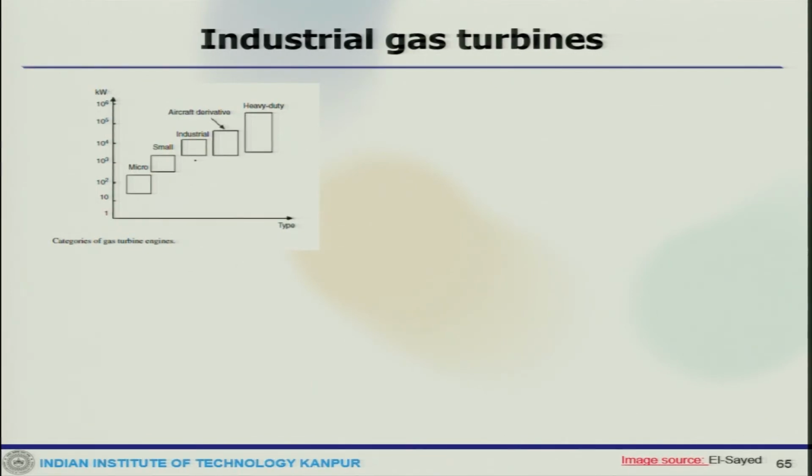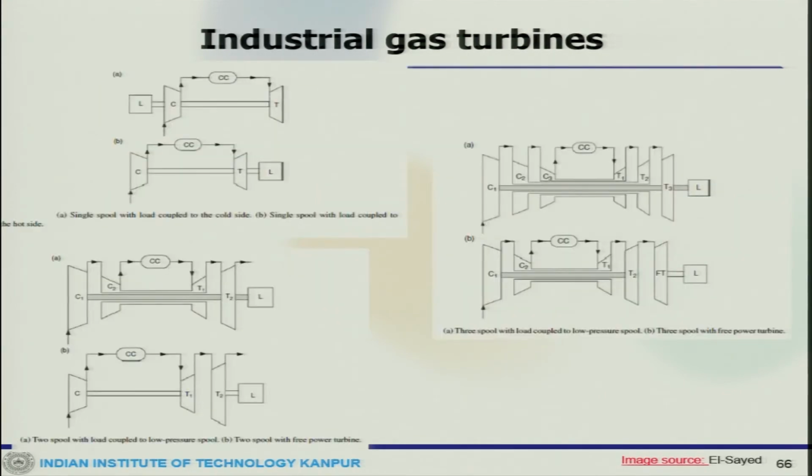The industrial gas turbine also has different types, like single shaft or multi shaft. This is a single spool with load coupled on the cold side and load coupled on the other side. Then this is two spool, where you can see this is coupled, and then this is a three spool configuration.